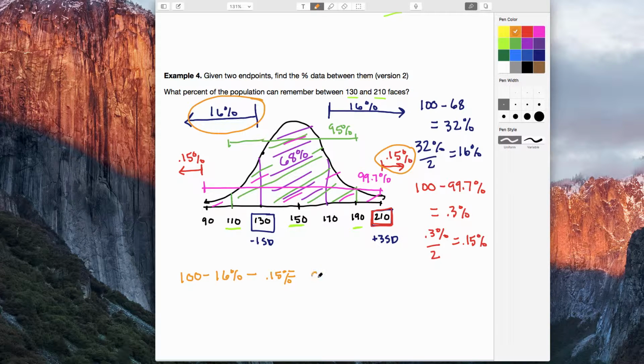And we get 83.85%. And that's our answer. So what percent of the population can remember between 130 and 210 faces? It's 83.85%.